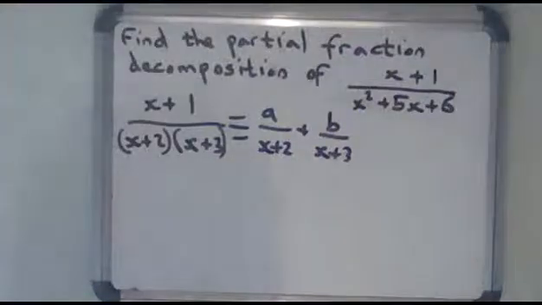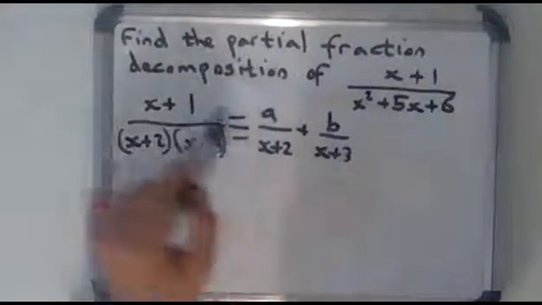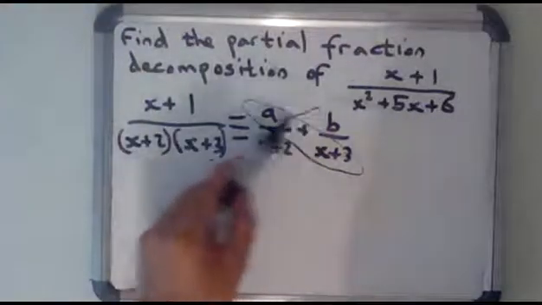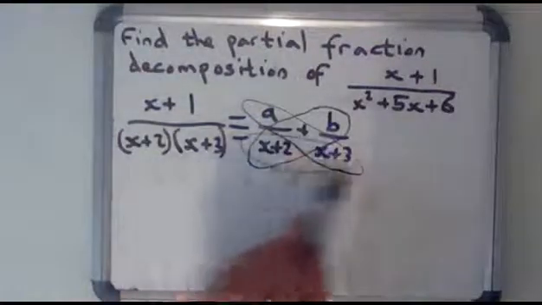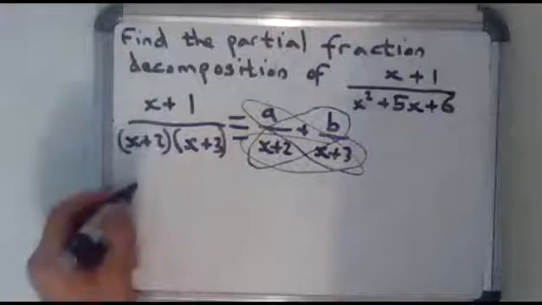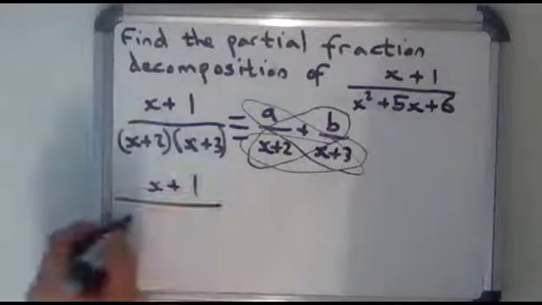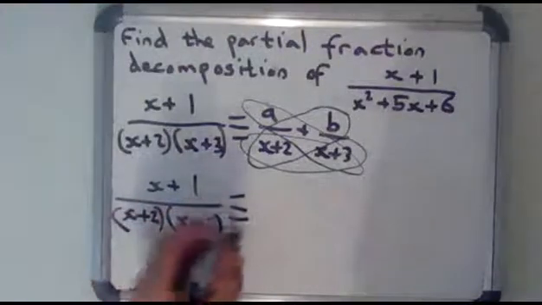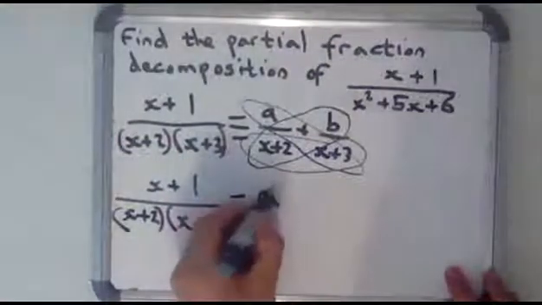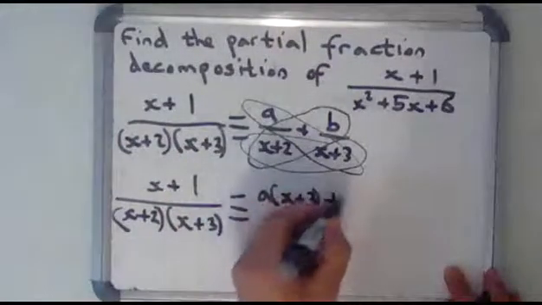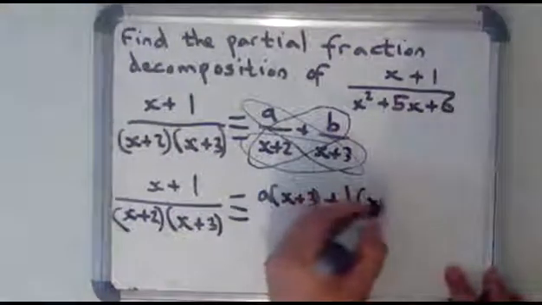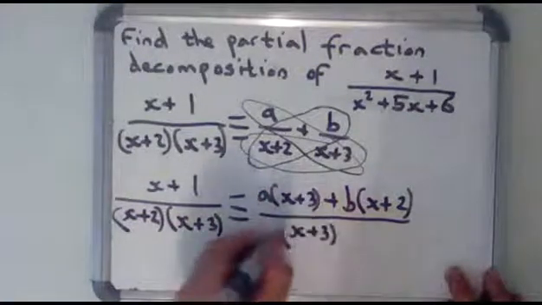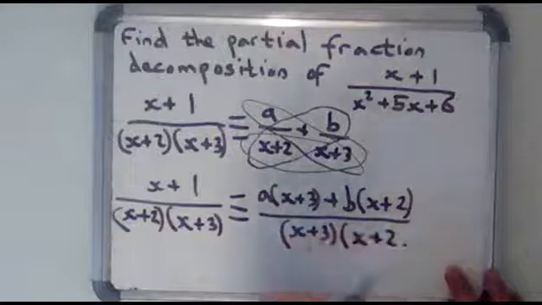So what you can do, you can look at this partial fraction sum on this side and find a way of adding these. You're probably going to use a common denominator of (x + 2)(x + 3). So (x + 1)/((x + 2)(x + 3)) is identical to A(x + 3) + B(x + 2) over (x + 3)(x + 2).